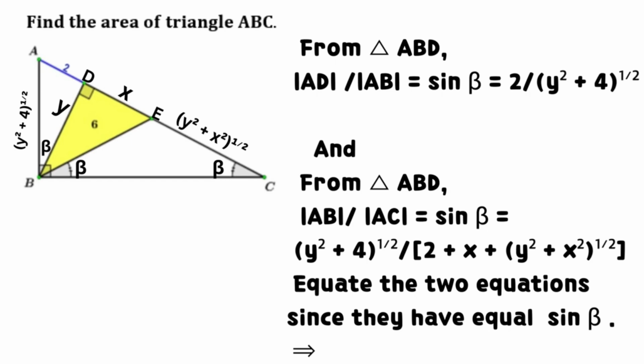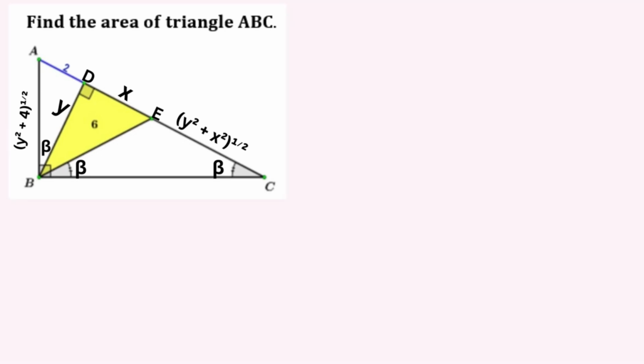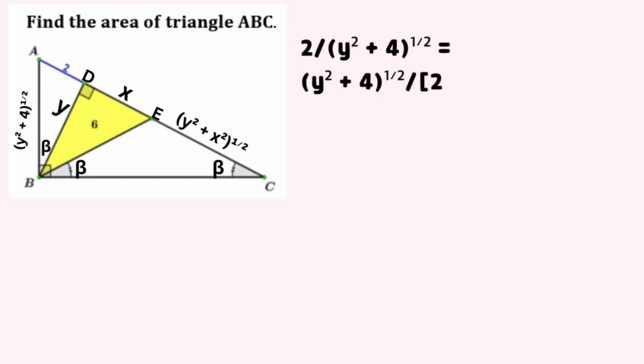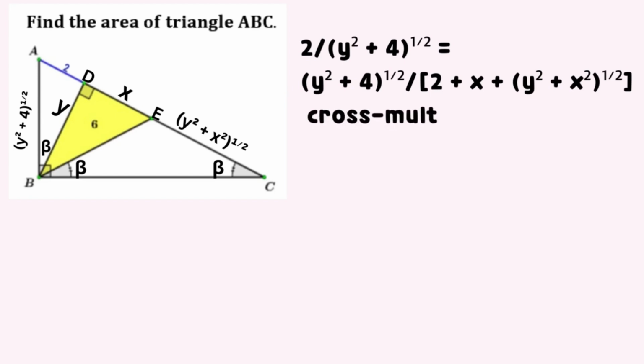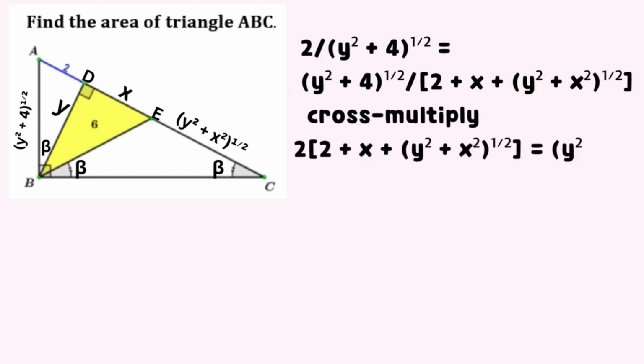Equate the two equations since they have equal sine beta. It implies that 2 divided by the square root of the sum of the square of y and 4 equals the value shown on the screen.